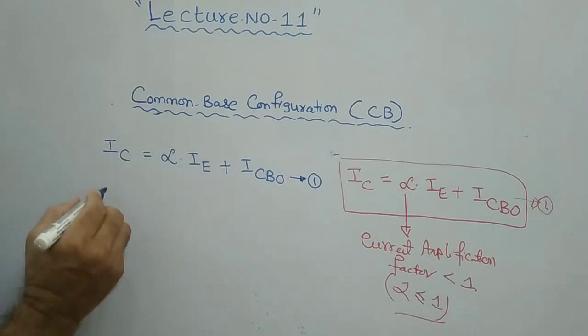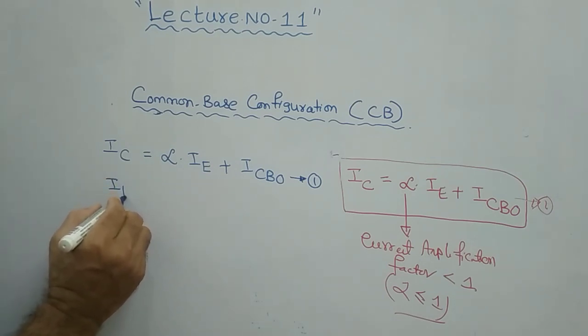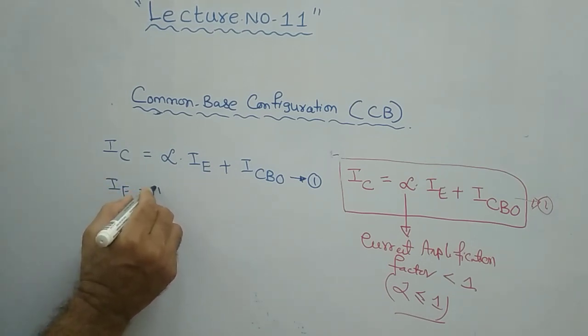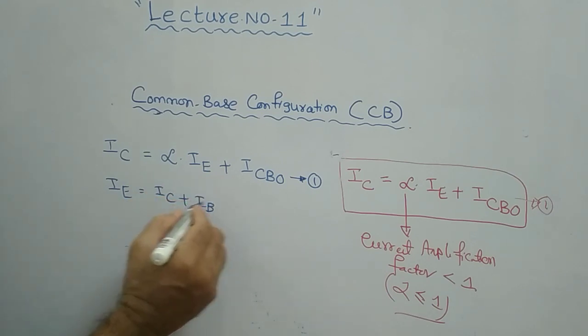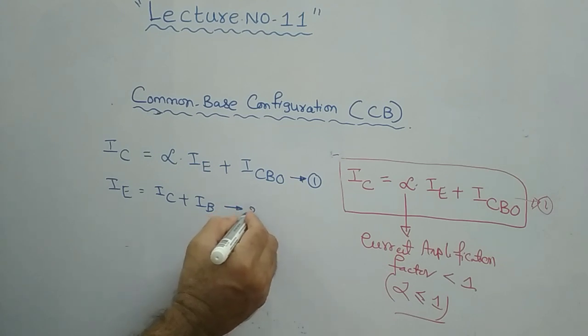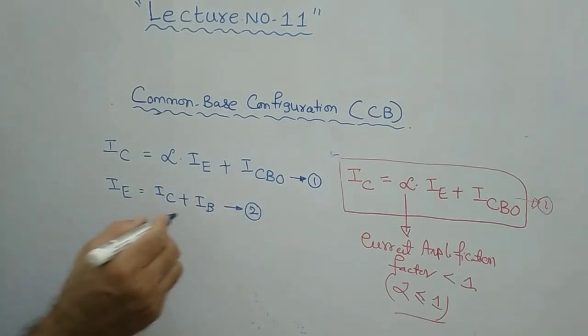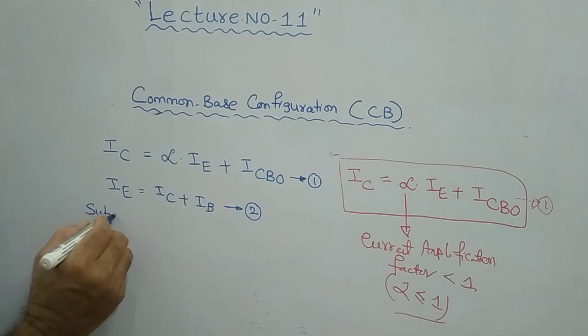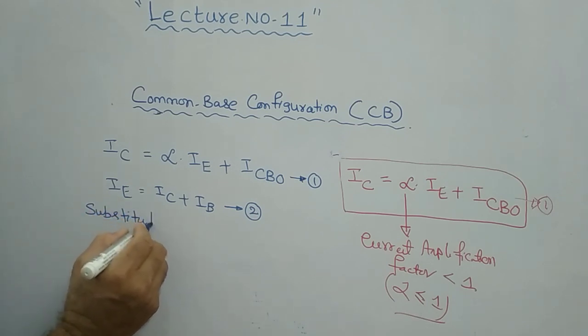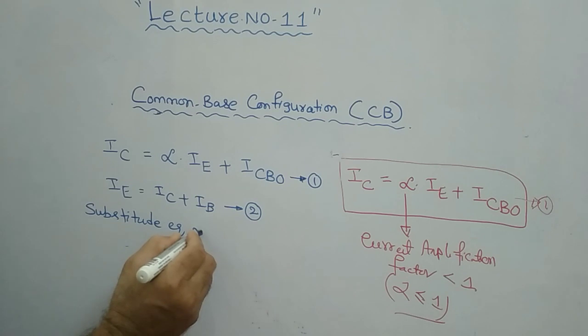Now we know that emitter current IE is equal to collector current plus base current, IC plus IB. This is equation number 2. Now substitute equation 2 in 1.